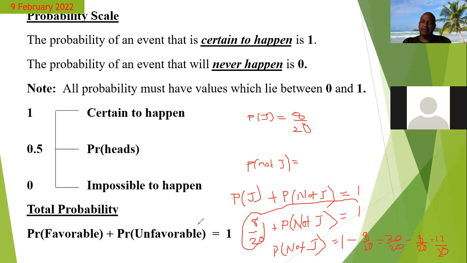So the probability of favorable can be calculated by subtracting the probability of unfavorable from 1. Or we can calculate the probability of unfavorable by subtracting the probability of favorable from 1. Is that clear, guys?